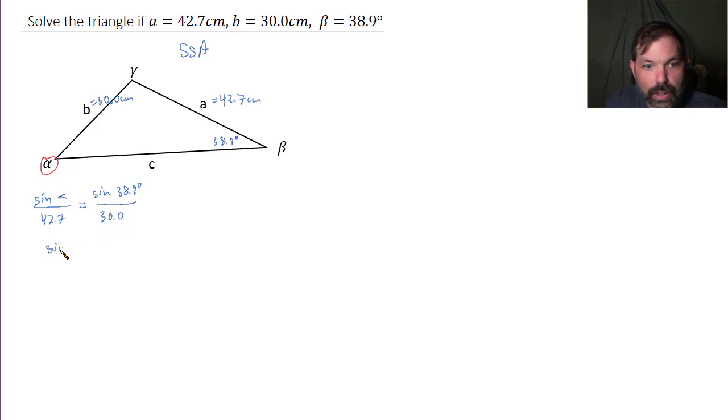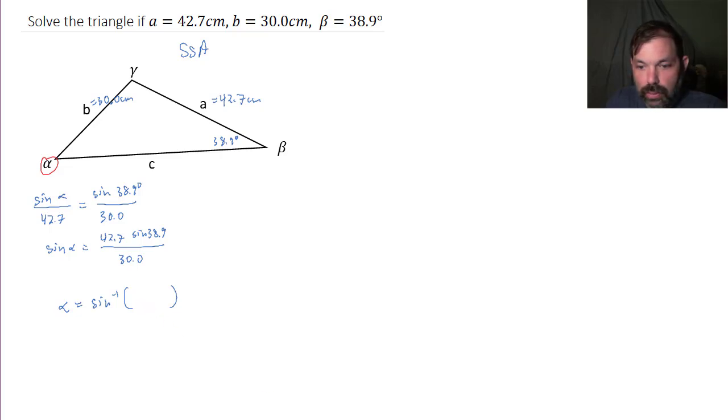So sine alpha is 42.7 sine 38.9 over 30.0. And so then alpha would be the sine inverse of that quantity.